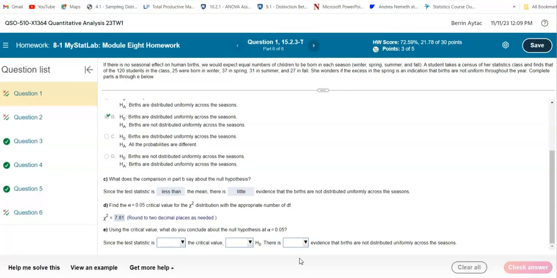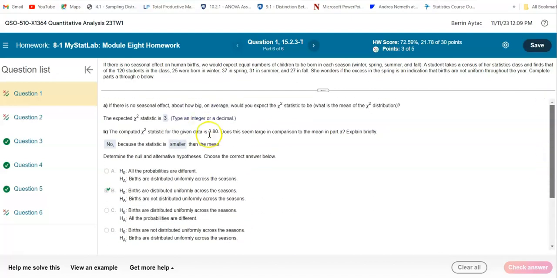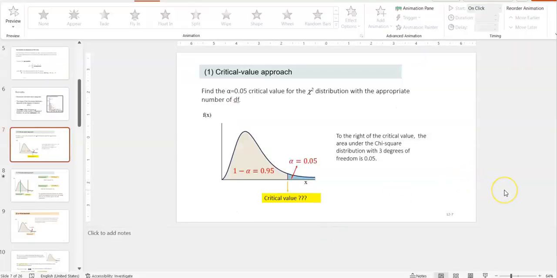Using the critical value, what do you conclude about the null hypothesis? The critical value is 7.81 and the observed chi-square value is given as 2.8.